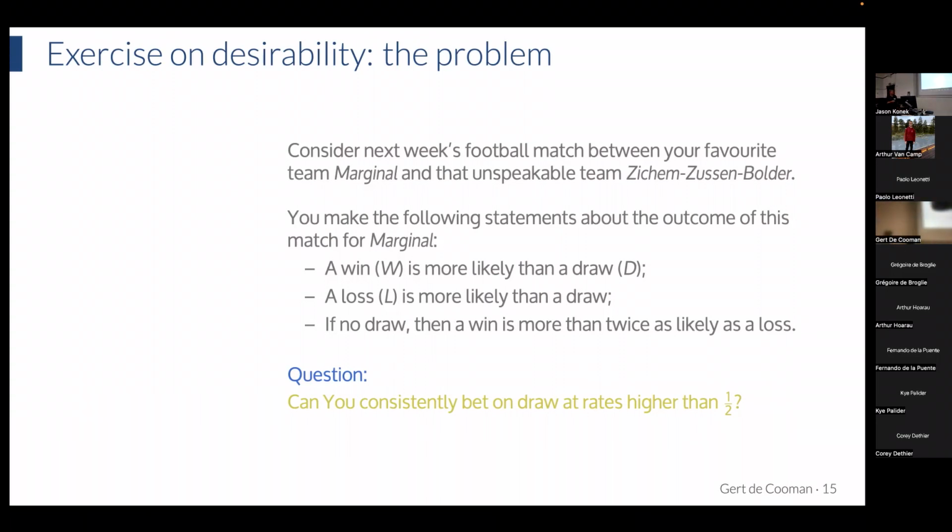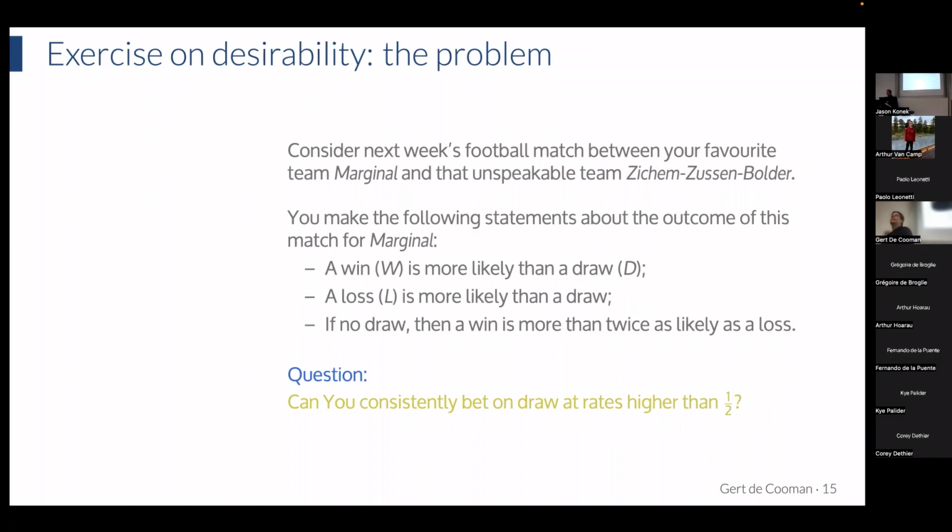A win for Marginal is more likely than a draw. And a loss is more likely than a draw. And if there's no draw, then a win is more than twice as likely as a loss. Then the question is, can you consistently bet on a draw at rates higher than 1/2?